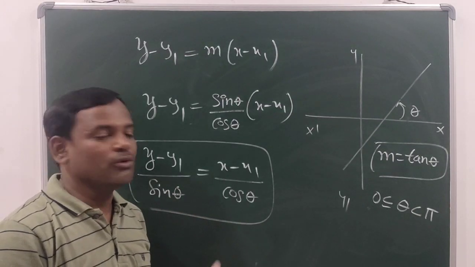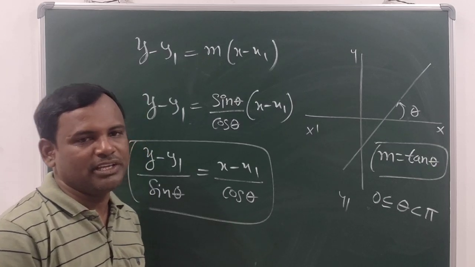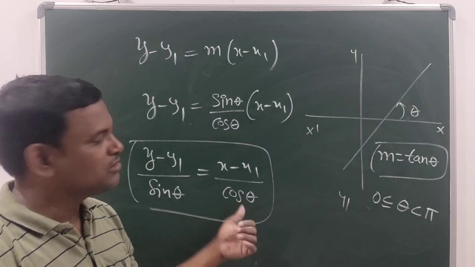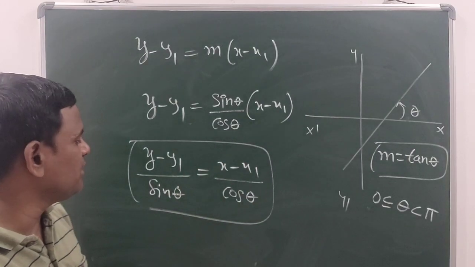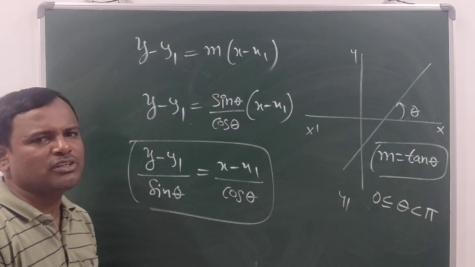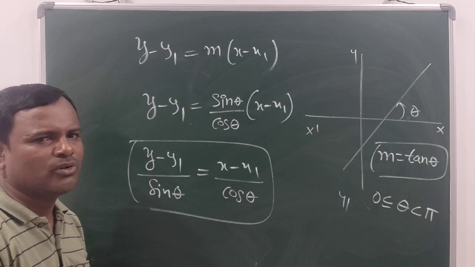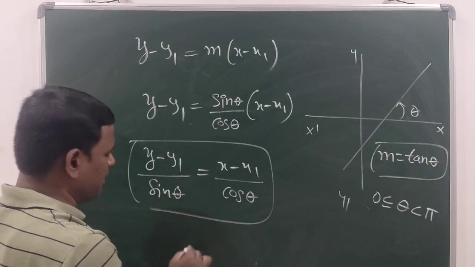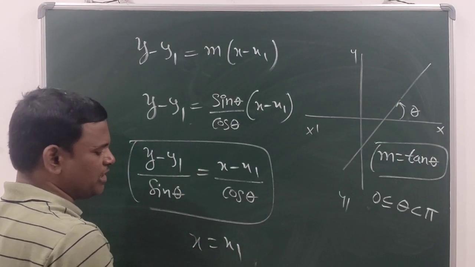It is true when theta is not equal to 90, because if theta is 90, cos 90 is 0, and something by 0 is a not defined case. If it is 90, cos 90 is 0; now take cross multiplication and simplify, and you will get x equal to x1.